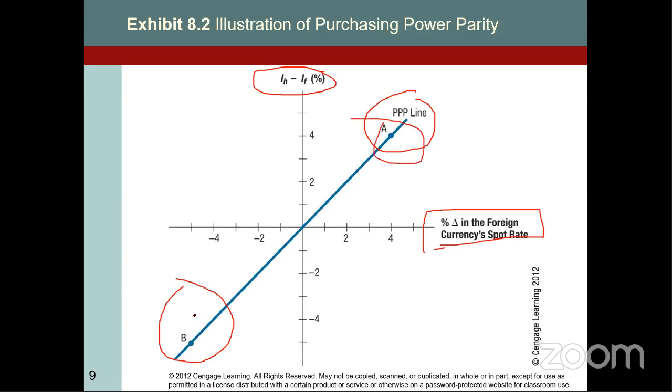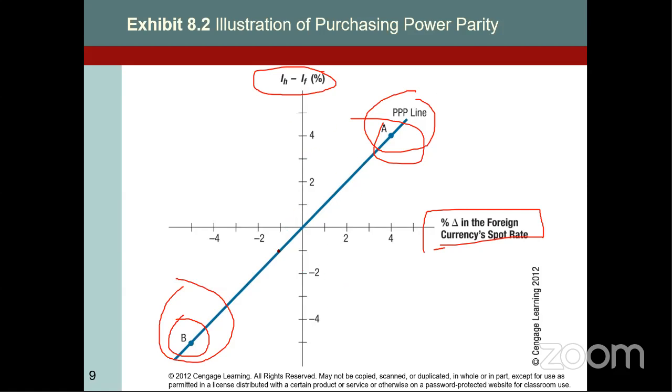And if the inflation rate in our country decreases and the inflation rate in foreign is increased, then you will have appreciation of your money, but depreciation of foreign currency.